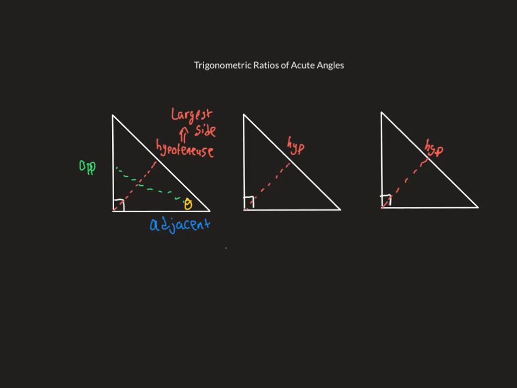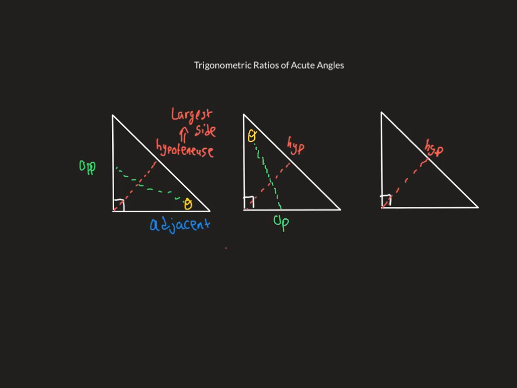So what if instead of my theta being here, it is somewhere else? Let's say it's here now. Well, you'll see that this changes your opposite position, because now what's directly across is this.